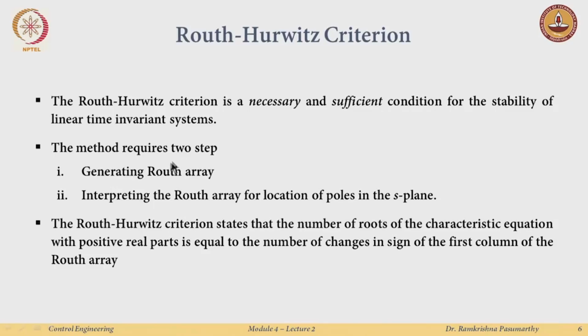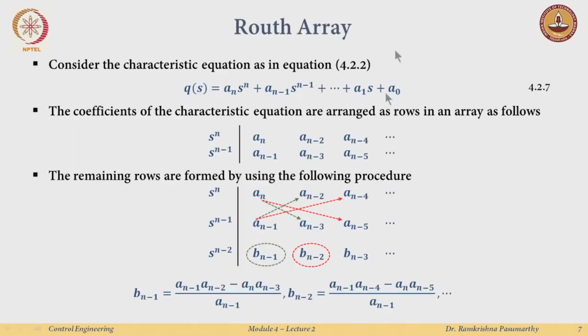The method has two steps. First, I generate something called a Routh array and interpret the array in terms of locations of poles in the S plane. We will read this statement once we see how the array goes. I have this characteristic equation, and I write it into an array.